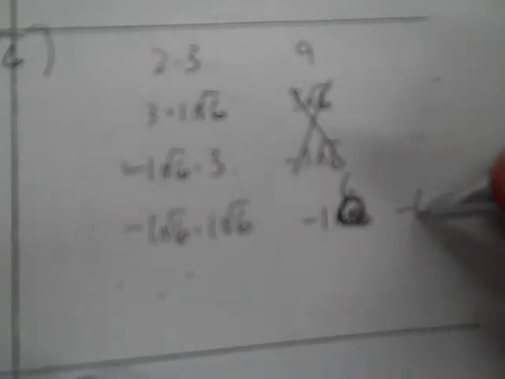So it's 9. It's 3 square root 6. It's negative 3 square root 6. Those cancel. Negative 1 square root 36. Square root 36 is 6, though. It's going to be negative 6. So 9 and negative 6 add up to 3.